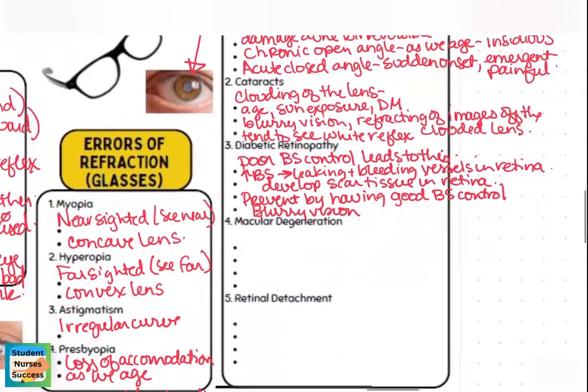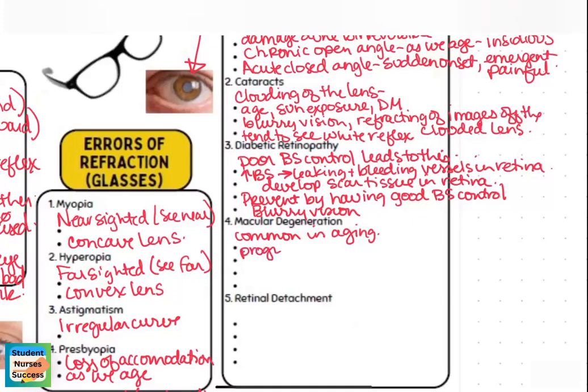The next thing we'll talk about is macular degeneration. It's another common disorder of aging. Macular degeneration is the progressive loss of central vision due to the degeneration of the macula from oxidative stress or some type of ongoing inflammation.